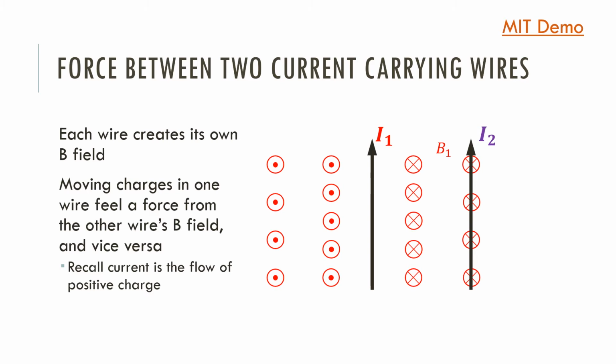Because I have current flowing upwards through the second wire, that means I have charges flowing upwards through the second wire. We can imagine a bunch of little positive charges is what we say is current, a bunch of little plus Q's, all flowing upwards through the wire.